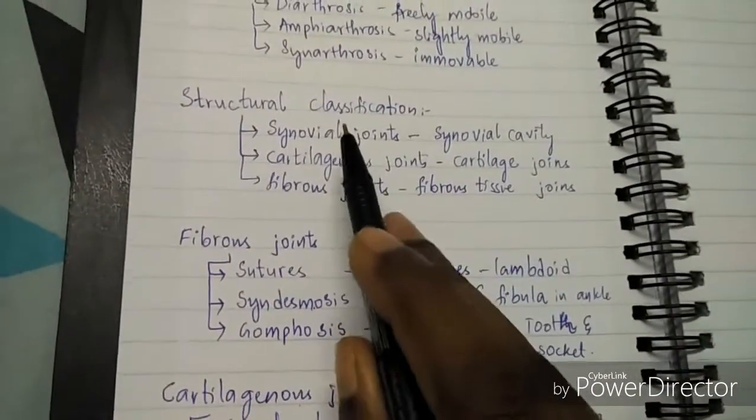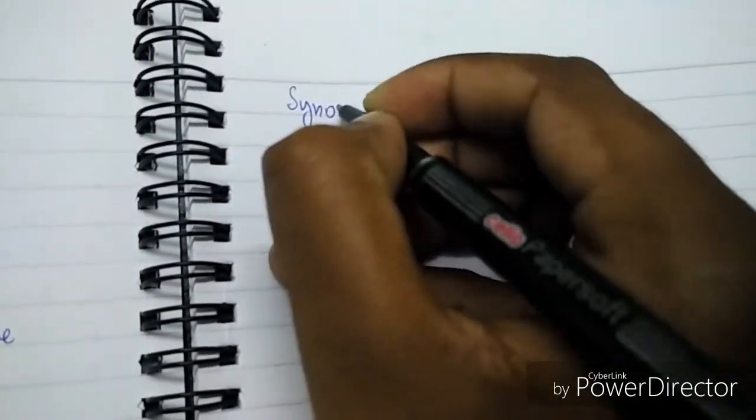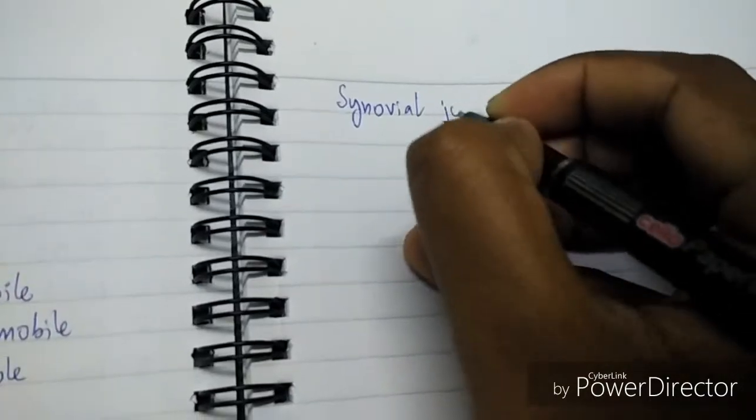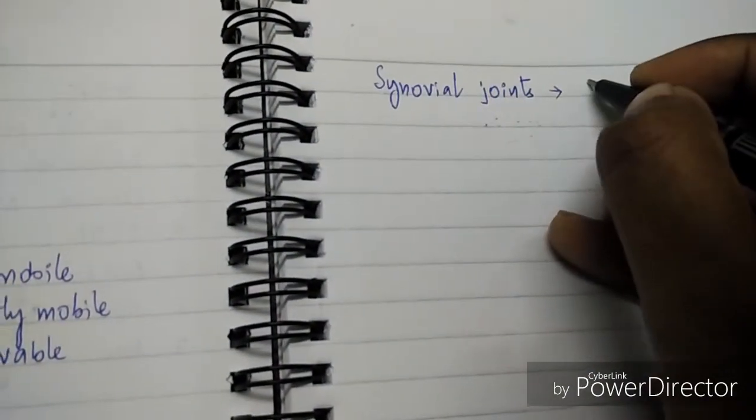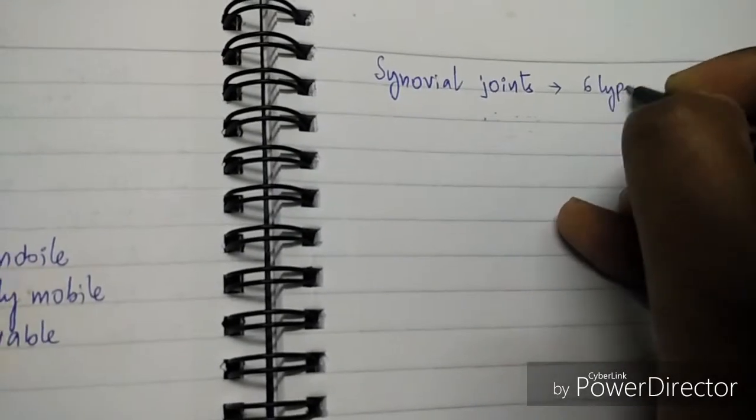Now let's go to synovial joints. These are something which most of us know. There are 6 types.